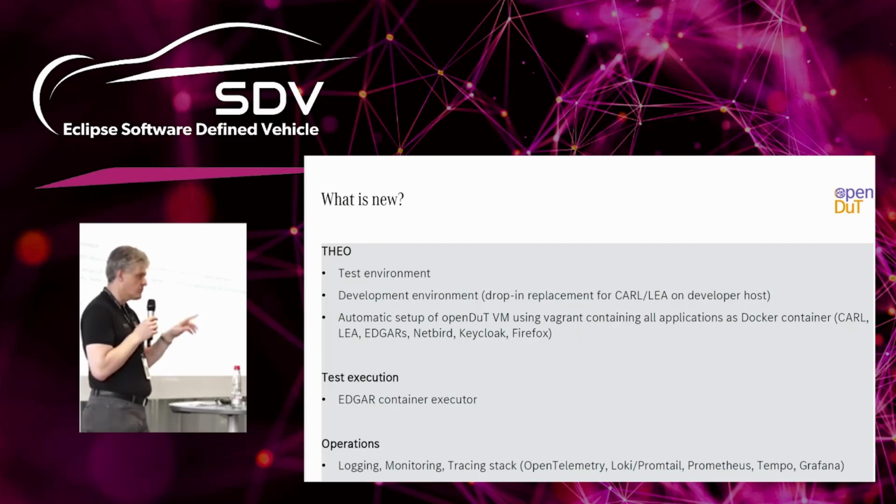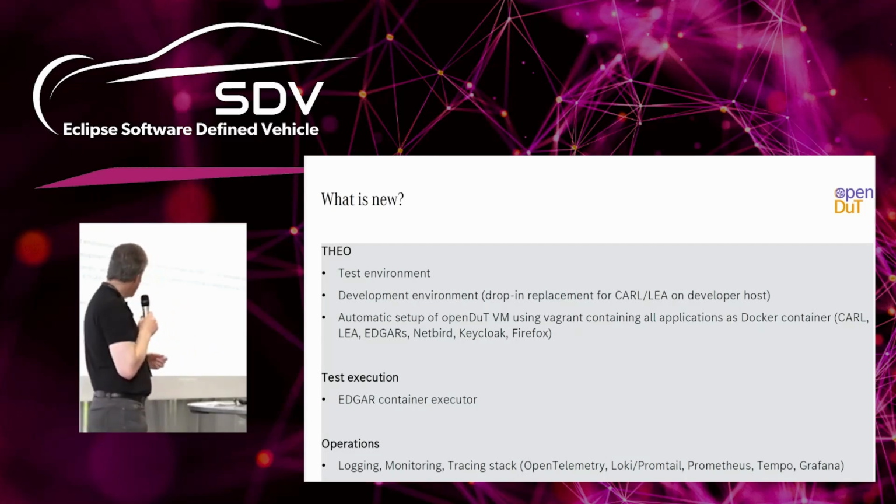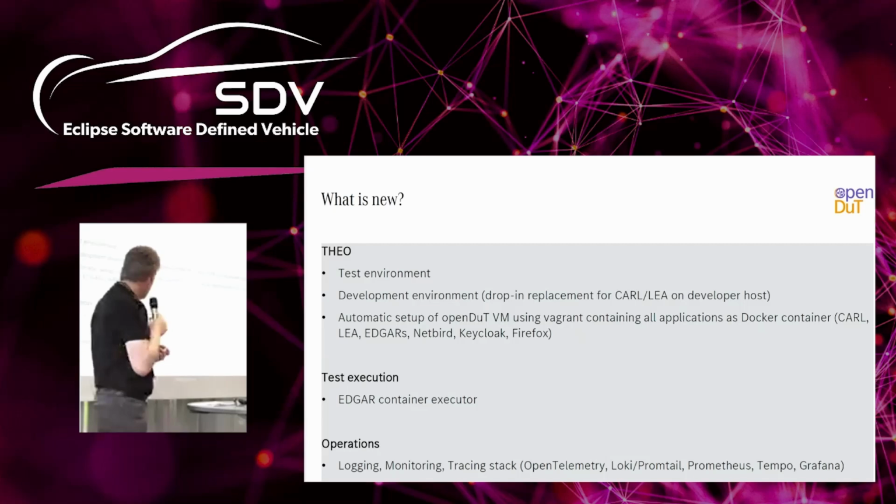You see there a configuration mask where you can define which container to download from which repository, and you can also define which parameters you want to pass into the container to the application that is being executed. So this is fairly new that we support that, and this is also a mechanism to basically introduce all test application run test executions within the framework.